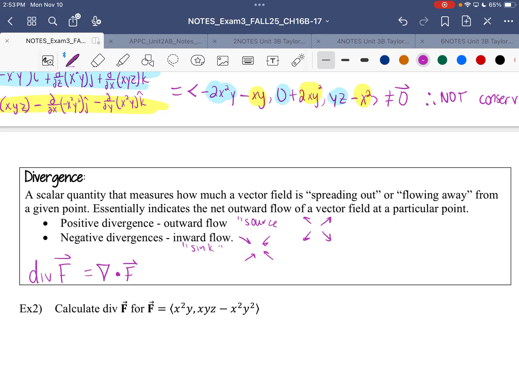So it's essentially going to become the partial derivative of P with respect to x plus the partial derivative of Q with respect to y plus the partial derivative of R with respect to z.